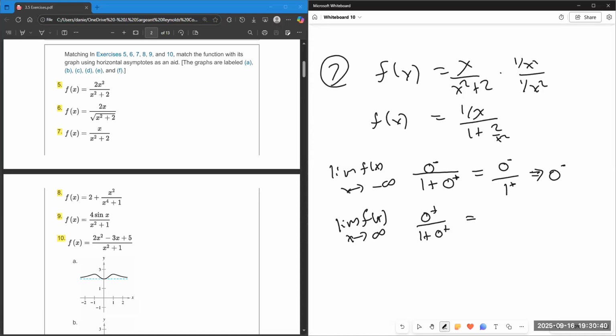So this is positive divided by positive, going towards 0 from above. And so we have an x-intercept at 0, 0.